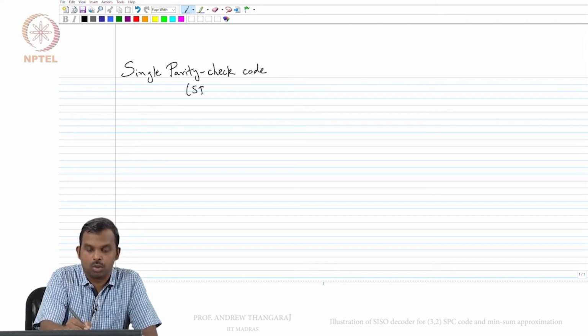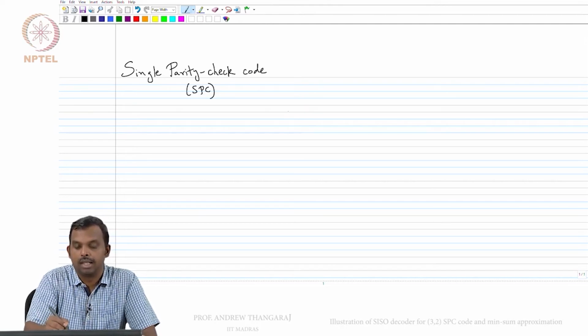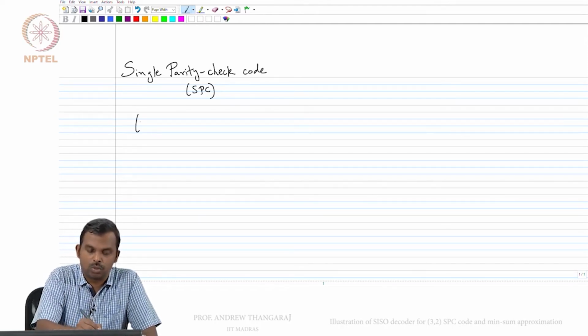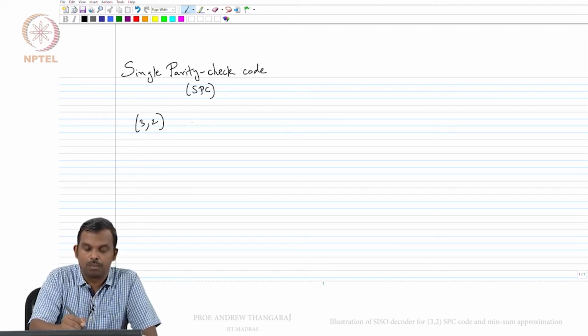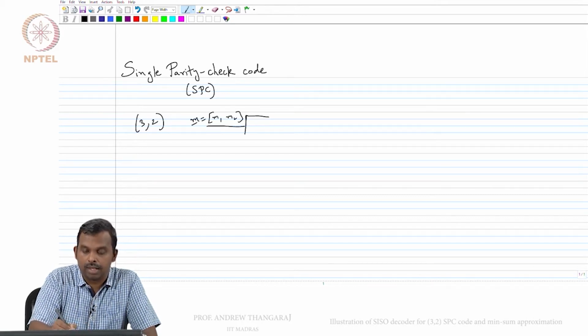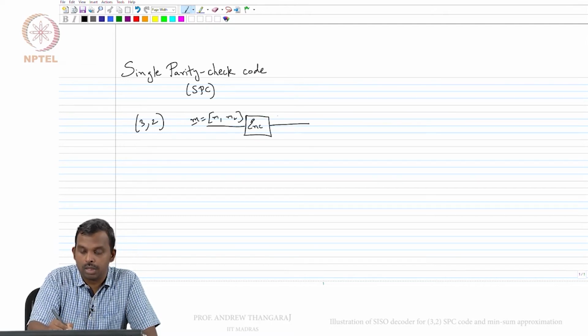Okay, so let me quickly summarize the single parity check code, or SPC code. I took the (3,2) example. So we had two messages, M1, M2, and this gets encoded into a codeword, which is C1, C2, C3.